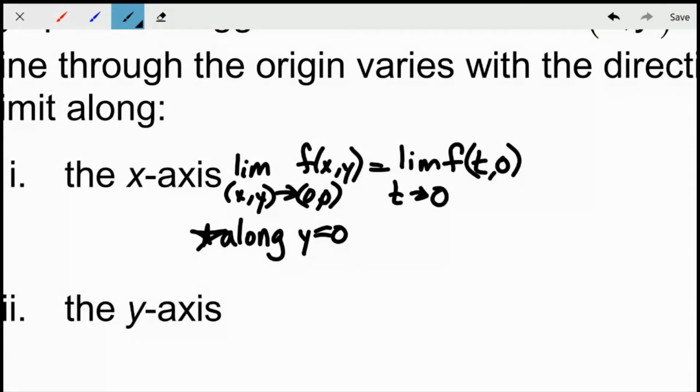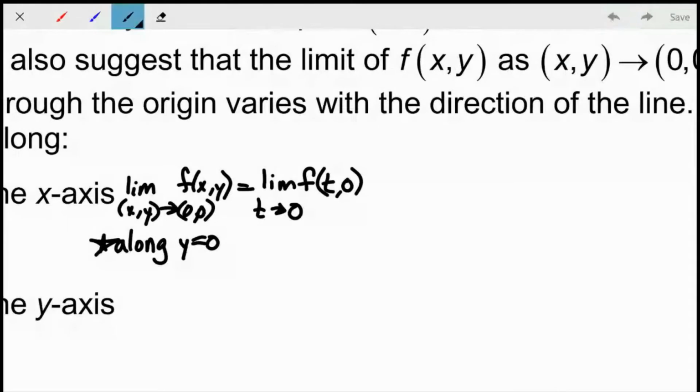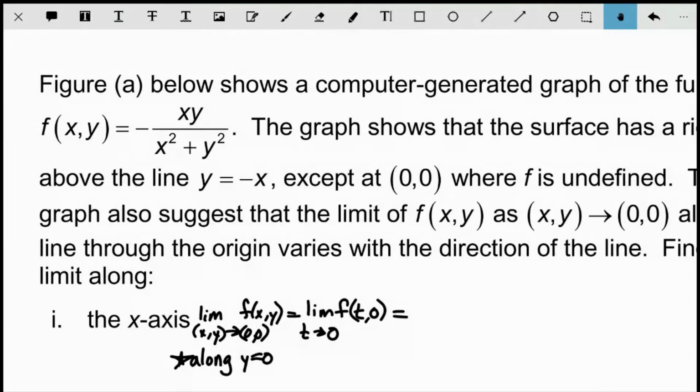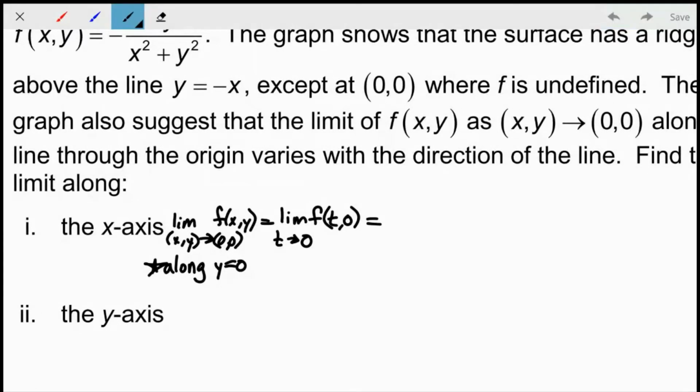This transforms the function into a single variable, which allows me to evaluate the limit. Plugging (t, 0) into f of (x, y) equals negative xy over x squared plus y squared, it simplifies to the limit as t approaches 0 of negative 0 over t squared, which is equal to 0.